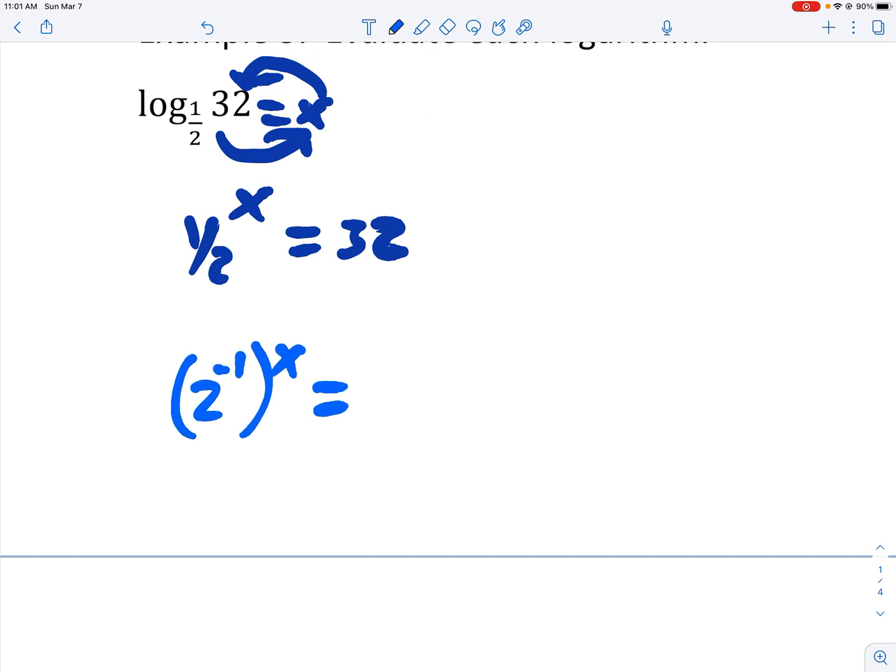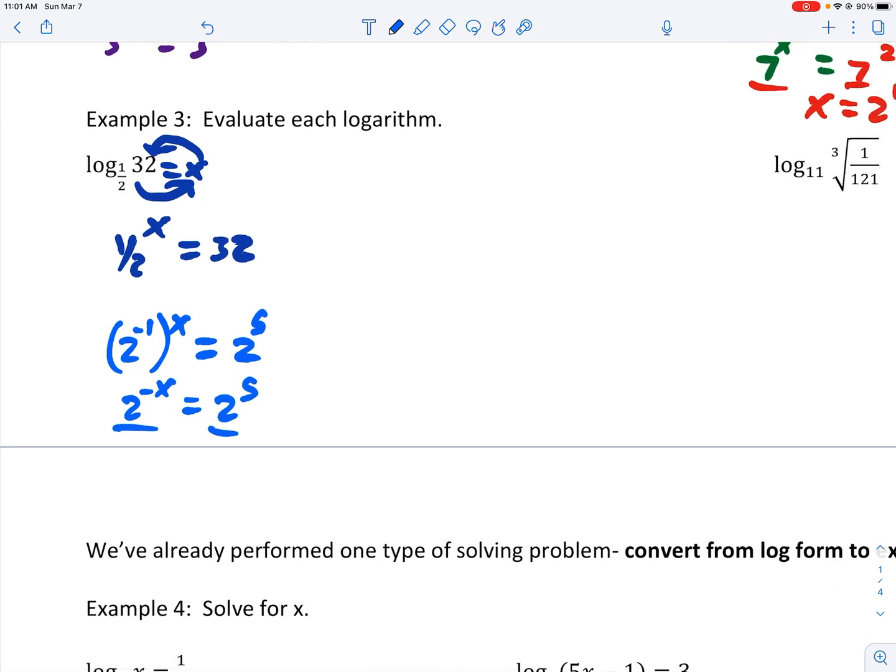And 32 is 2 to the 5th. So you have 2 to the negative x equals 2 to the 5th. Right? Bases are the same. So drop the bases. Negative x equals 5. And solve. Divide by negative 1. So x equals negative 5.